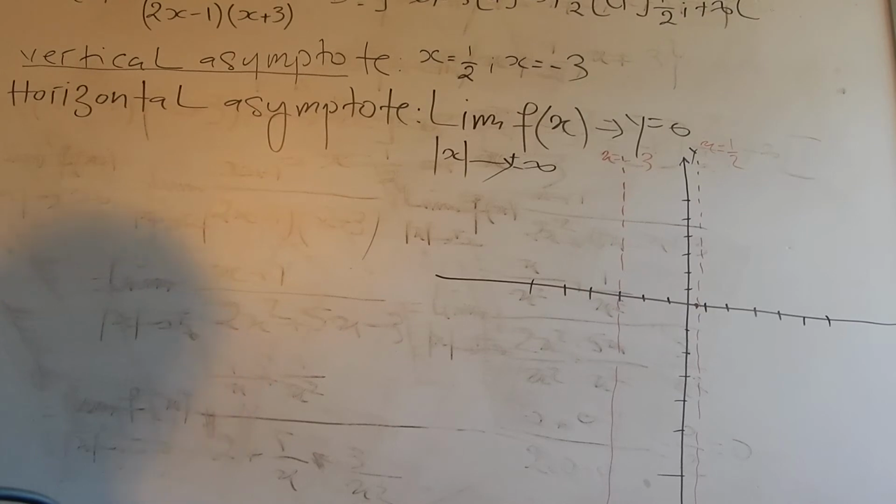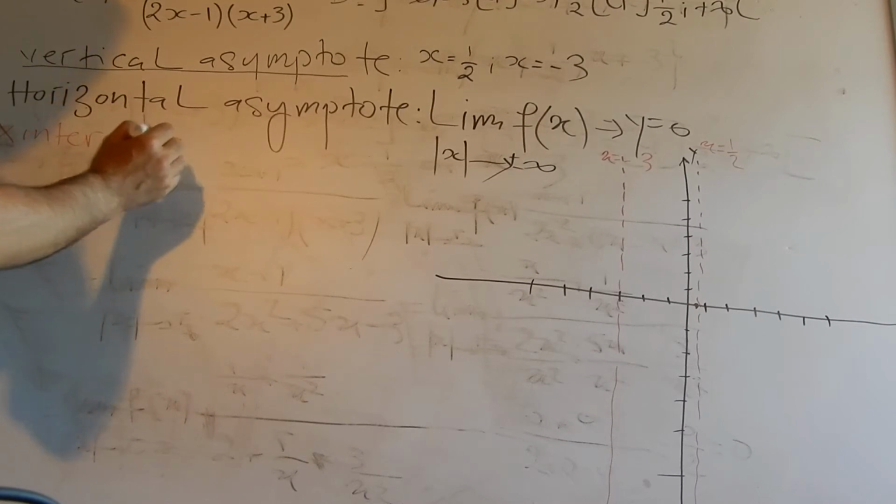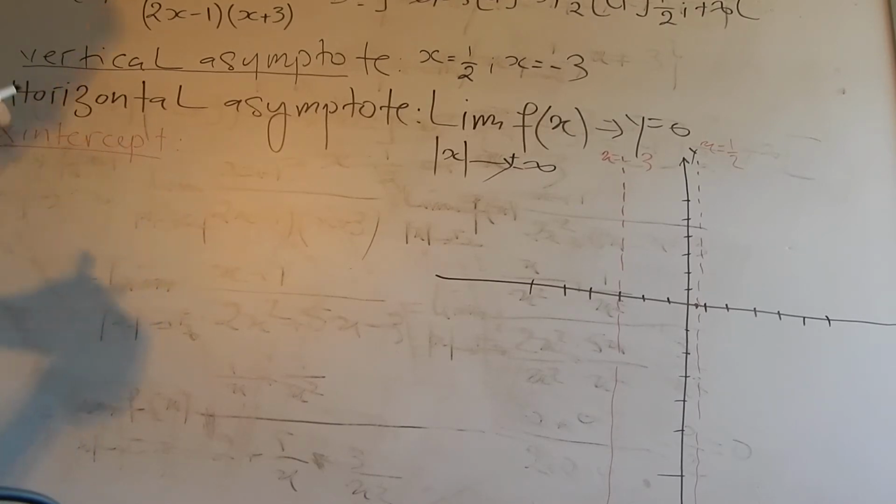Let's see which one, the y and the x. So which means x intercept. Here we can find it by letting y equal 0, which means f of x equals 0.